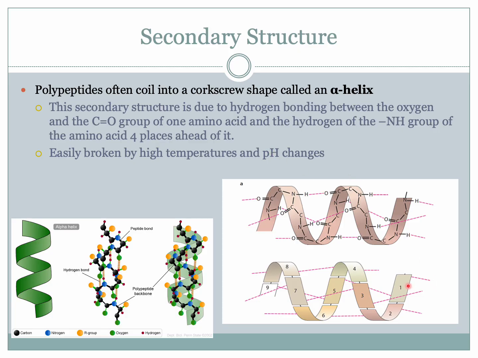By that you can see where they have the amino acids numbered 1, 2, 3, and 4. And so you have these hydrogen bonds forming from the first one to the fourth one. They are easily broken by high temperatures and pH changes.